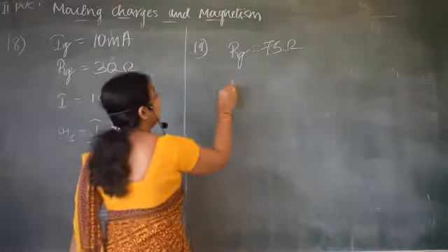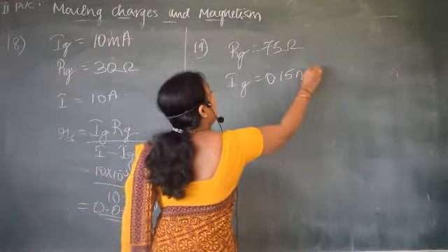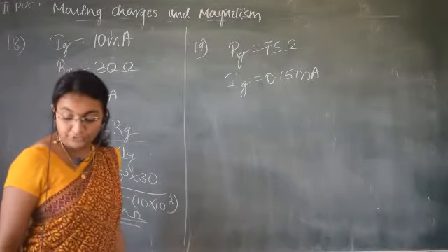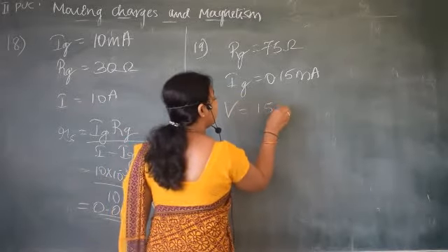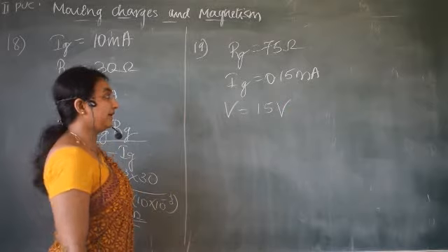So the current is 0.15 milliampere. How do you convert it into a voltmeter reading up to 15 volts? So V is equal to 15 volts. How to convert it into a voltmeter is the question.